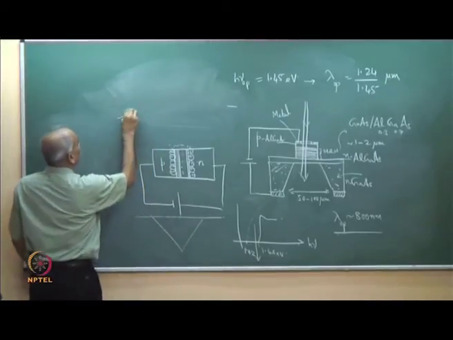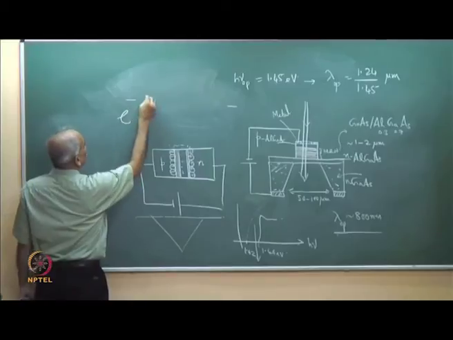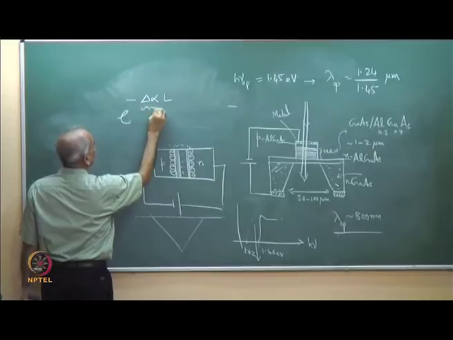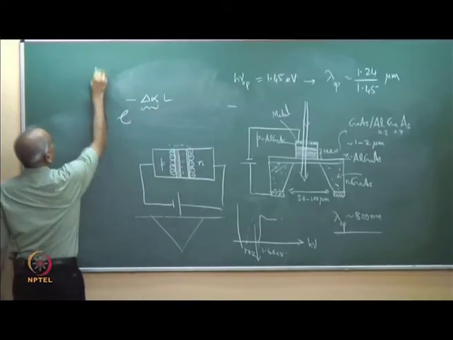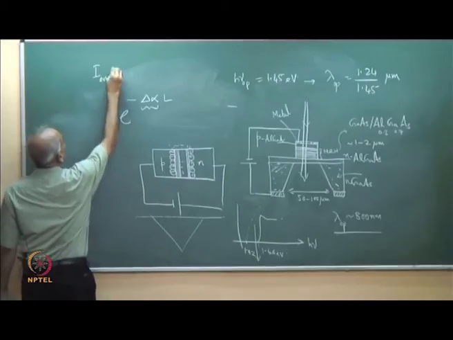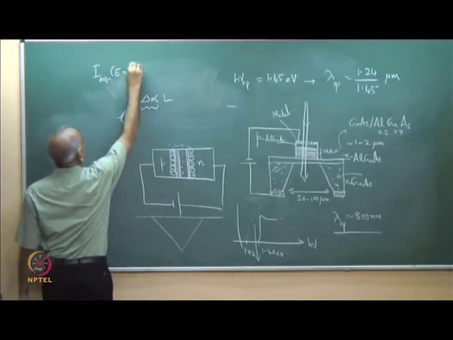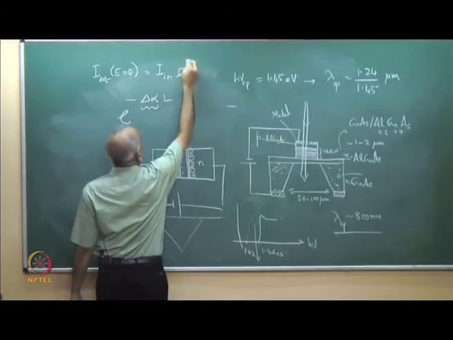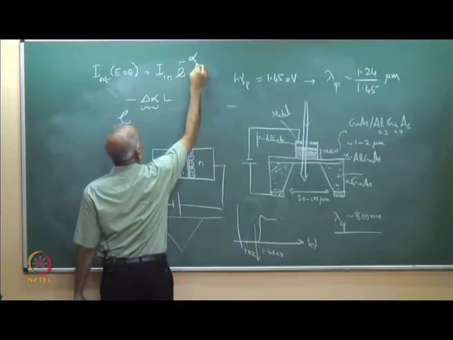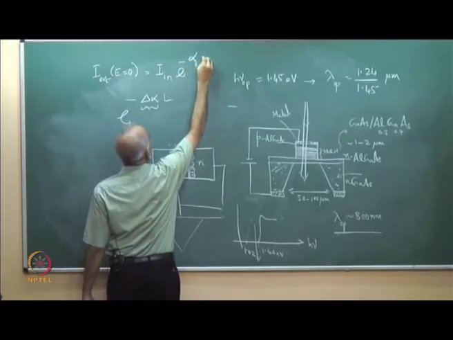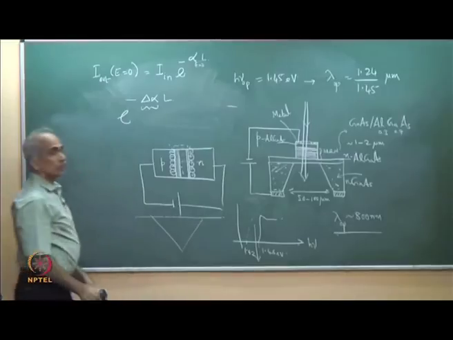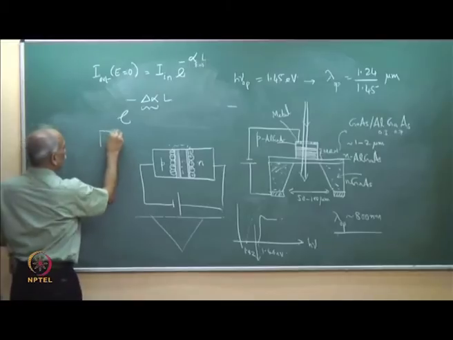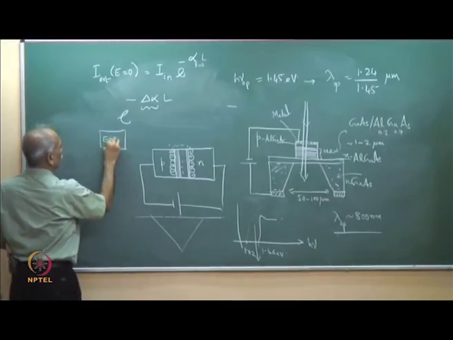Please see, the extinction difference is given by minus delta alpha into L. What is this delta alpha? Please see, I output with E equal to 0 is equal to I in into e to the power minus alpha with E equal to 0 into L. When there is no applied electric field, I have this device, the electro-absorption modulator.